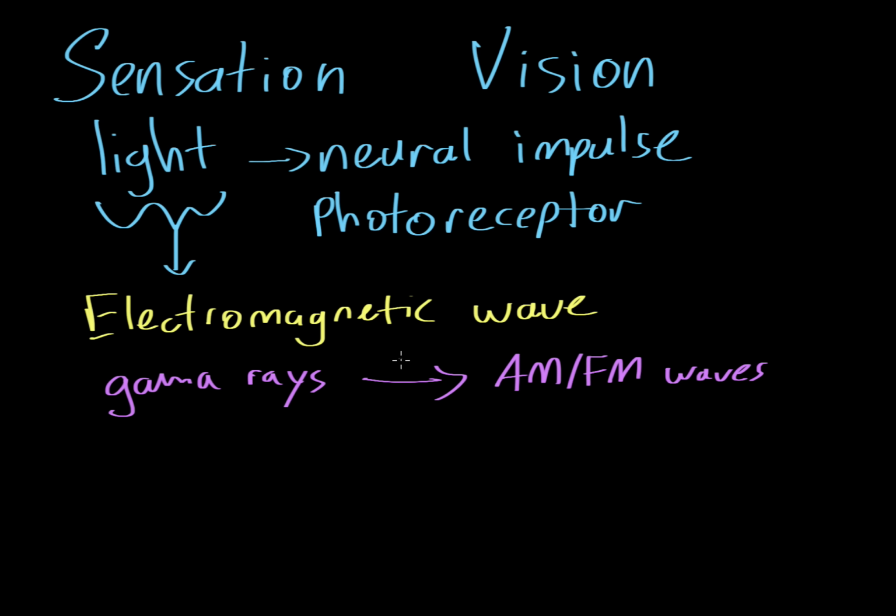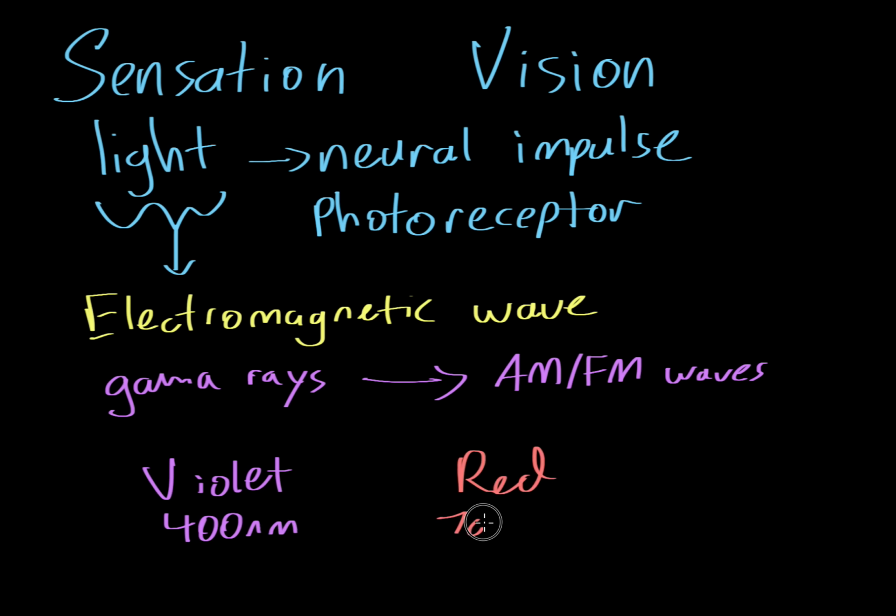And so light just kind of falls in the middle, and it ranges from something like violet, which has a wavelength of 400 nanometers, all the way to red, which has a wavelength of 700 nanometers. So the rest of the light that we see is somewhere in the middle over here.